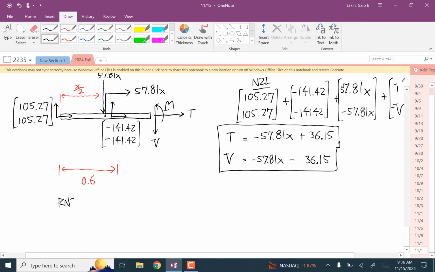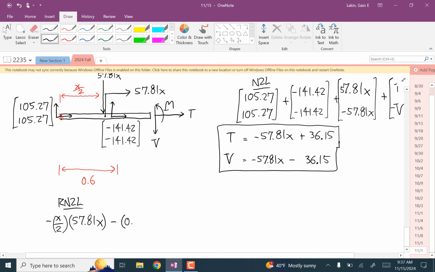And then the moment equation, about the point over here. So we have negative x over 2 times 57.81x. I'm going to think of the vertical component of this point force as pointing down at 141.42. So that's another clockwise rotation.